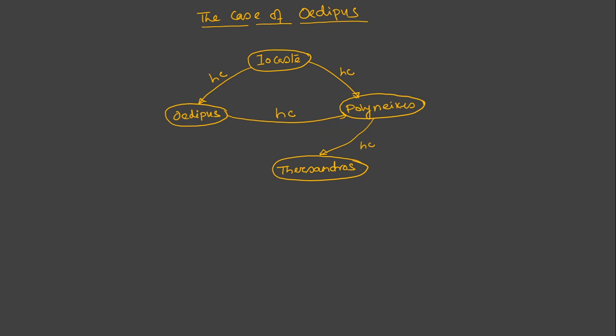And what else we know is that Oedipus is a patricide who has killed his father, right? So patricide is the class where the members have killed their father. We know for sure that Oedipus is a patricide, and we know for sure that Tharsandros is not a patricide.